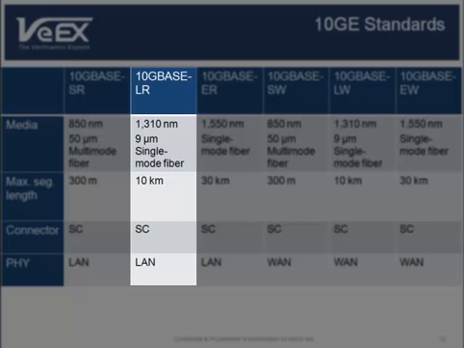Single-mode fiber is used for communication over longer distances. Like the previous Ethernet standard, 10GBASE-LR has a LAN physical layer.